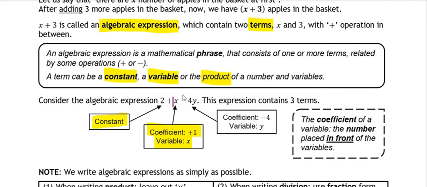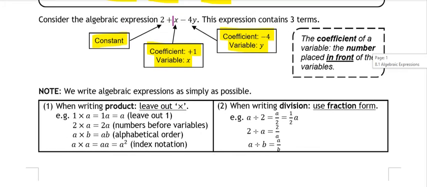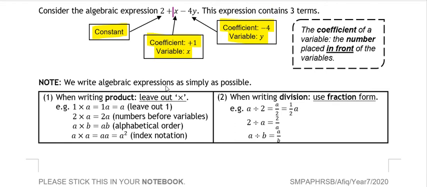You can see here in front of the variable, you have a coefficient of negative 4. When you say a coefficient, you also have to include the sign, whether it's positive or whether it's negative.